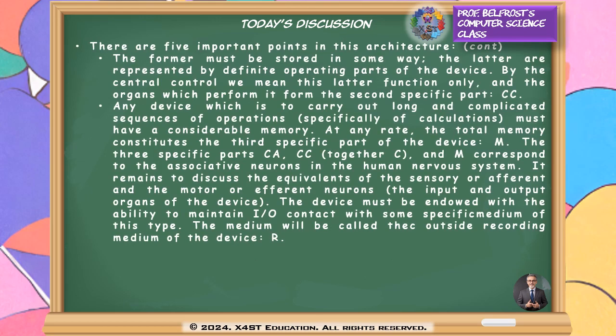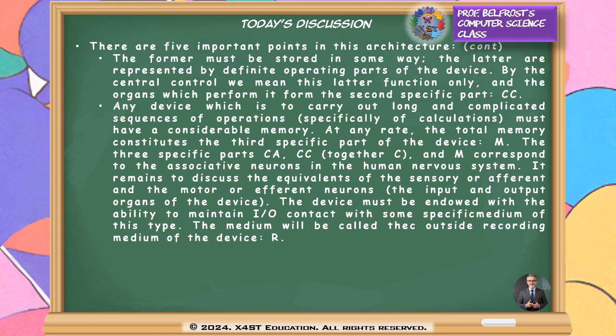The former must be stored in some way. The latter are represented by definite operating parts of the device. By the central control, we mean this latter function only, and the organs which perform it form the second specific part, which is CC.